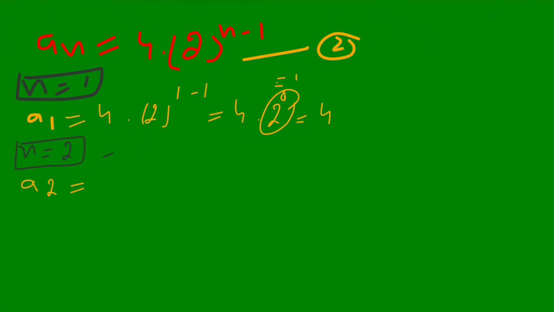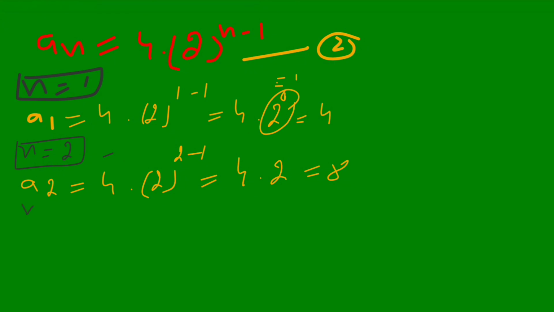A2 is equal to 4 multiplied by 2 raised to the power 2 minus 1, which is 4 multiplied by 2, equal to 8.